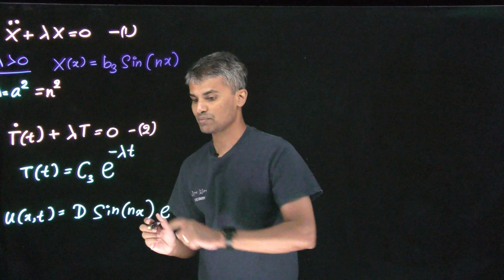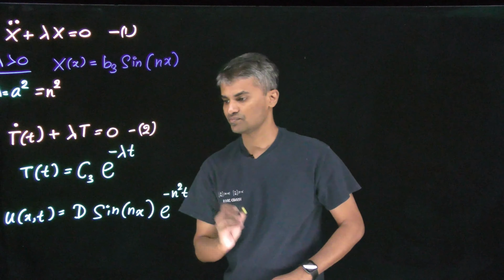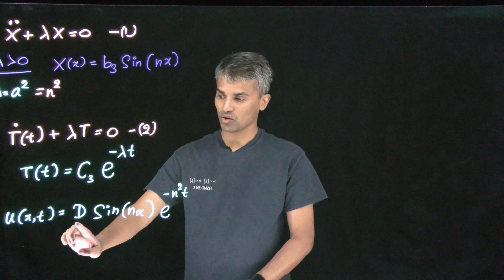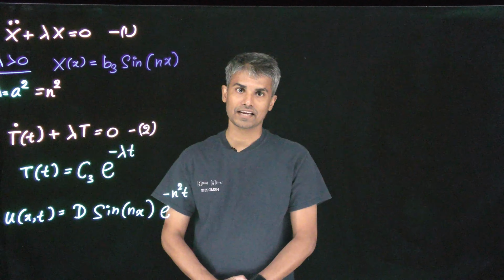So instead of this lambda, now I can write n squared t. So as you can see, this depends on this constant d, and at the same time it depends on your integer n.